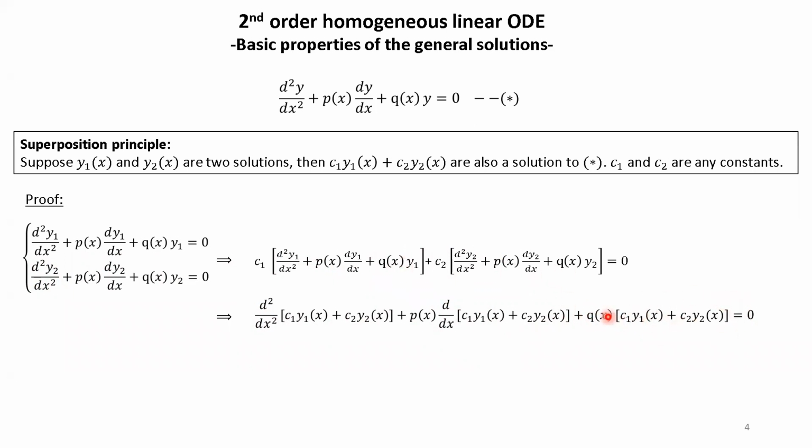You realize that this whole thing is also 0, and this form is actually the same as the original equation, except that y becomes c1 y1 plus c2 y2. This proves that the linear combination of the two solutions is also a solution.